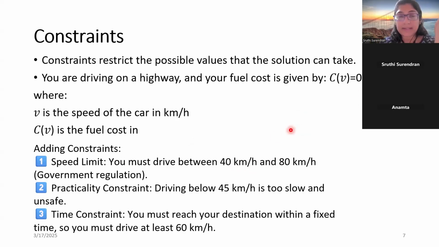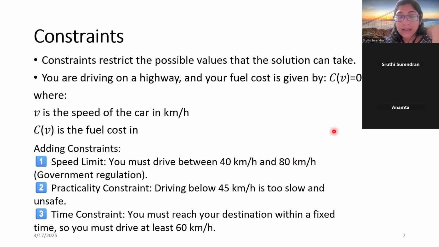Suppose we want to know the most efficient speed at which the cost of the fuel will be least, but you shouldn't drive at a speed less than 40 kilometers per hour, or exceed 80 kilometers per hour.